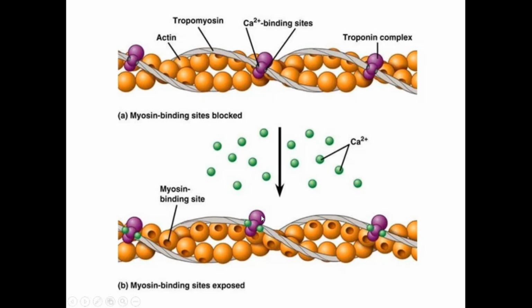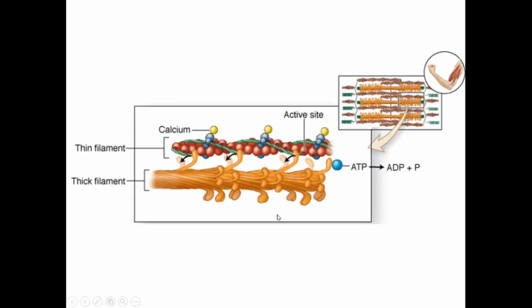Because it's attached to the tropomyosin, this change in shape changes the position of tropomyosin and exposes the myosin binding site on the G actins. So the head of the myosin can attach to the exposed myosin binding site of the G actins.